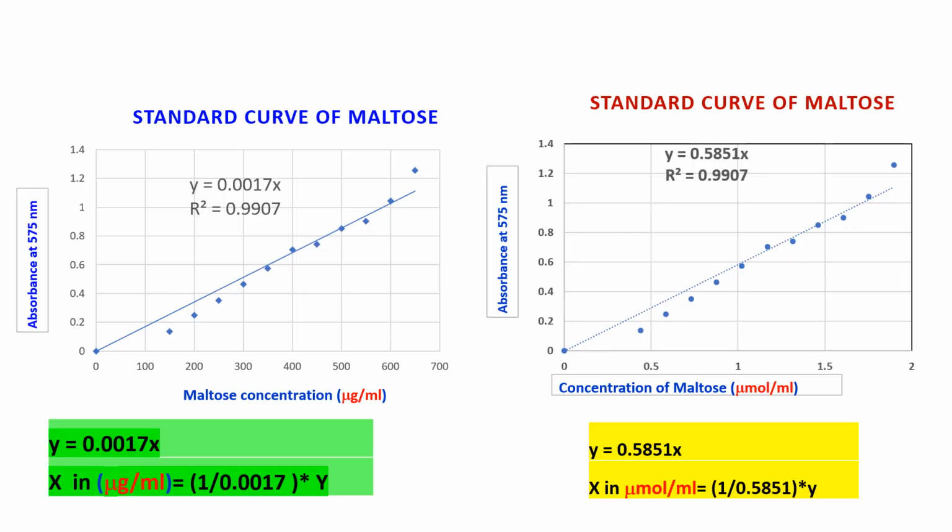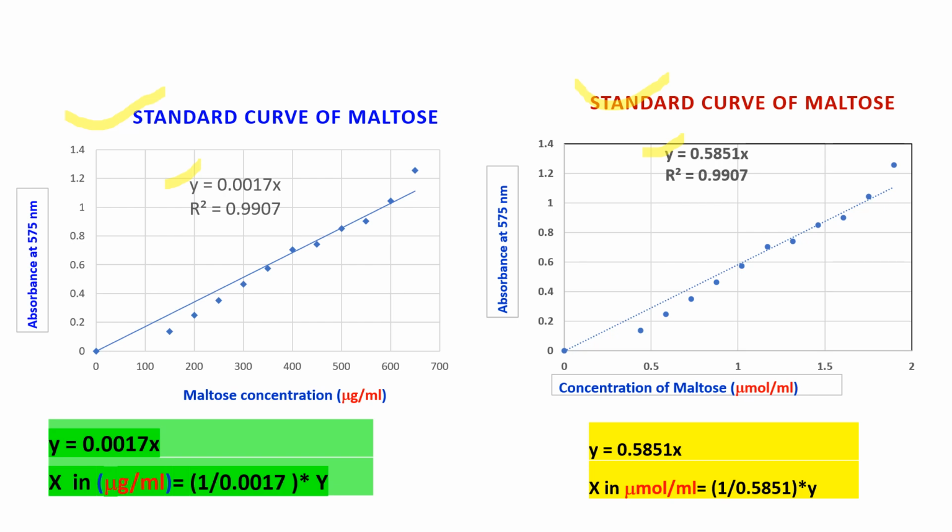So in this way I have created these two standard curves. We found these two equations, y is equal to 0.0017x and y is equal to 0.5851x. In order to know the concentration of maltose in an unknown sample, we have to follow the DNS method to measure absorbance.